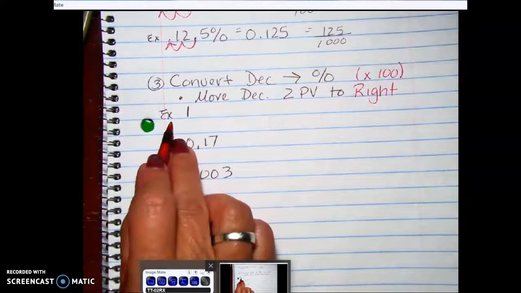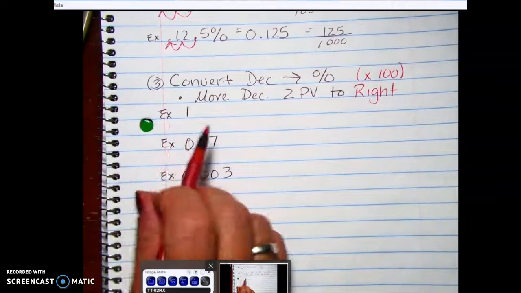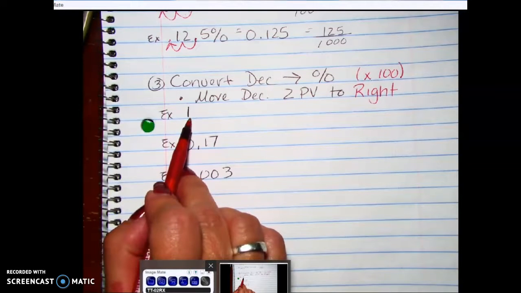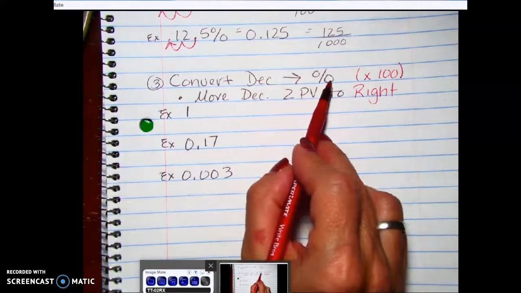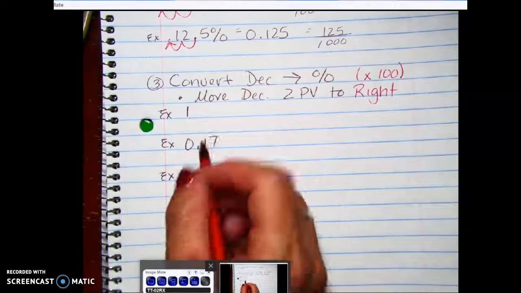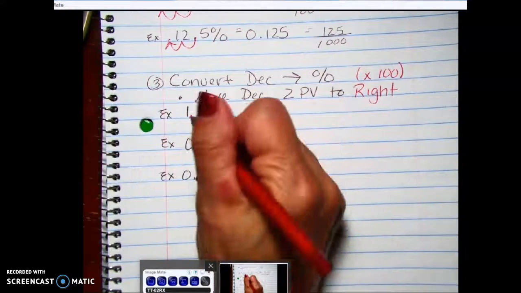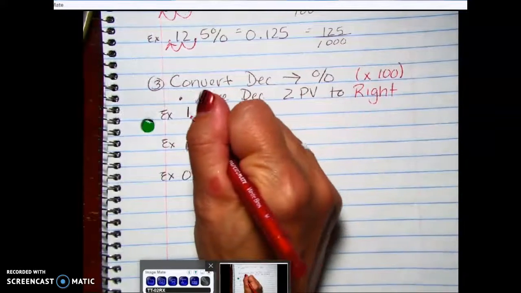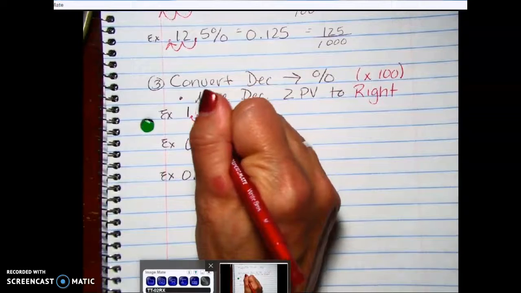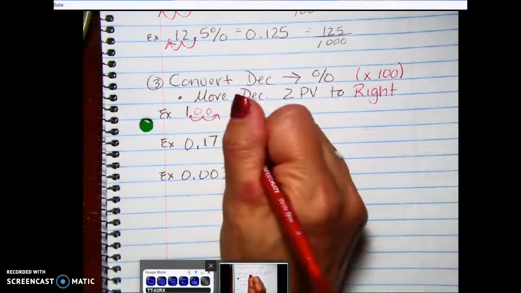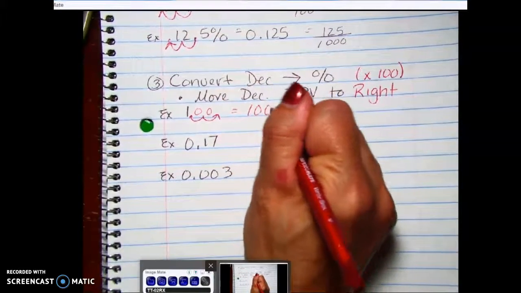So let's take a look at our example. What if I have 1 and I would like to convert it to a percent? I need to put my decimal in and move the 2 place values to the right, like I was multiplying by 100. 1, 2. Annex my zeros, and I would end up with 100%.